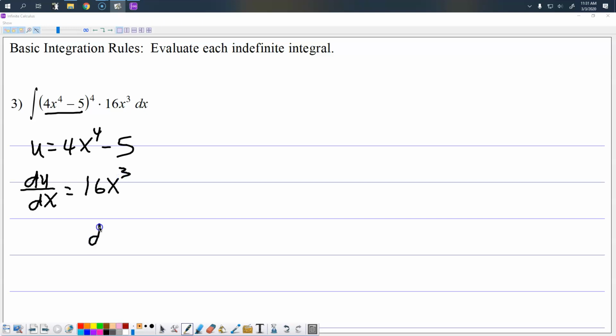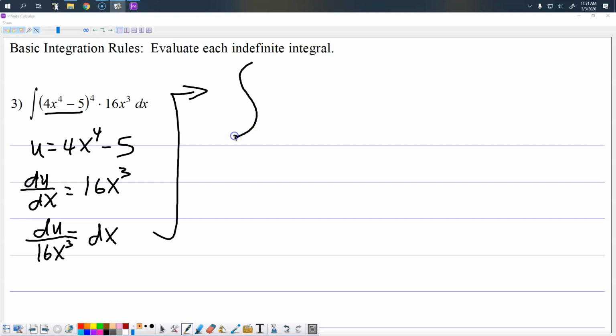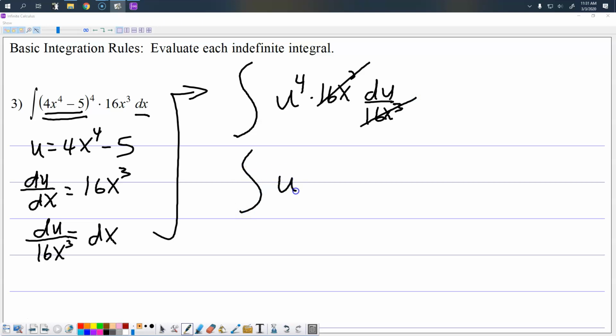Then we get dx by itself, which would look like this. We're going to replace this with u, and we're going to replace this with du over 16x cubed. And at this point, you shouldn't have x's anymore.